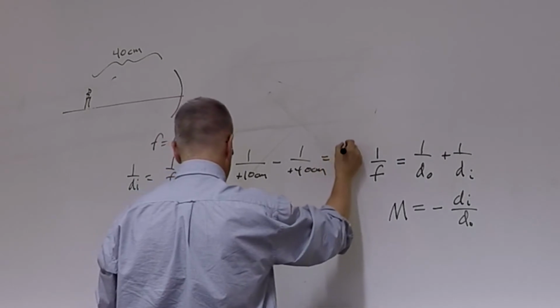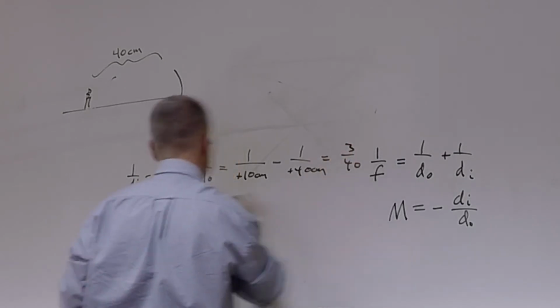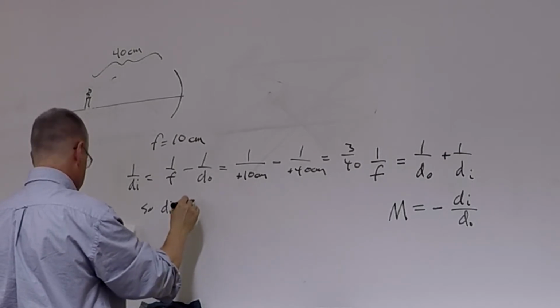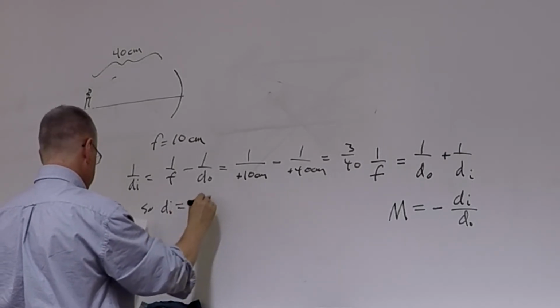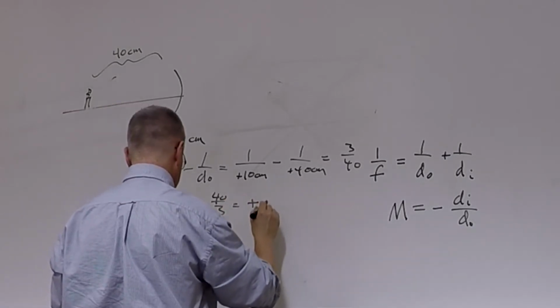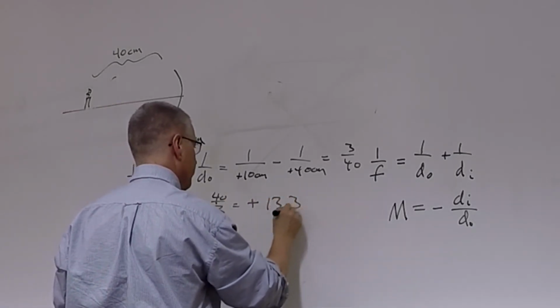So this itself is 3/40. So my image itself is over here at plus 40/3 or plus, we'll do that on a calculator instead, 13.3 centimeters.